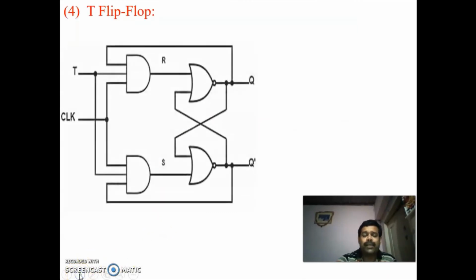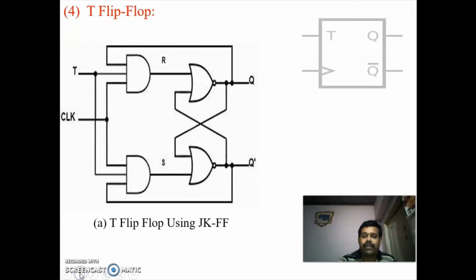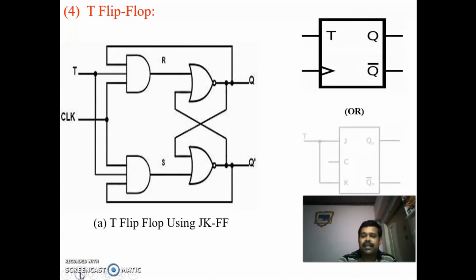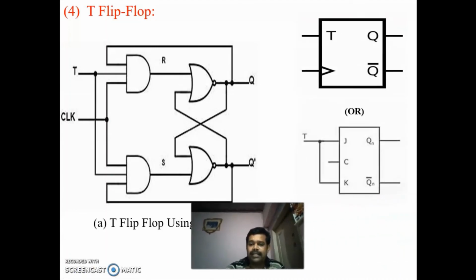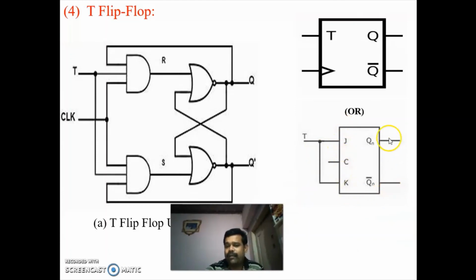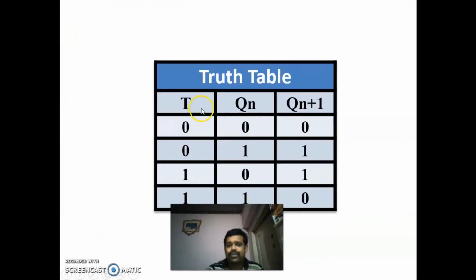This is the circuit diagram, or the logic diagram, of the T flip-flop with NOR gates. This is a block diagram, and this is how we convert JK to T. We have shorted J and K. Next is the truth table.